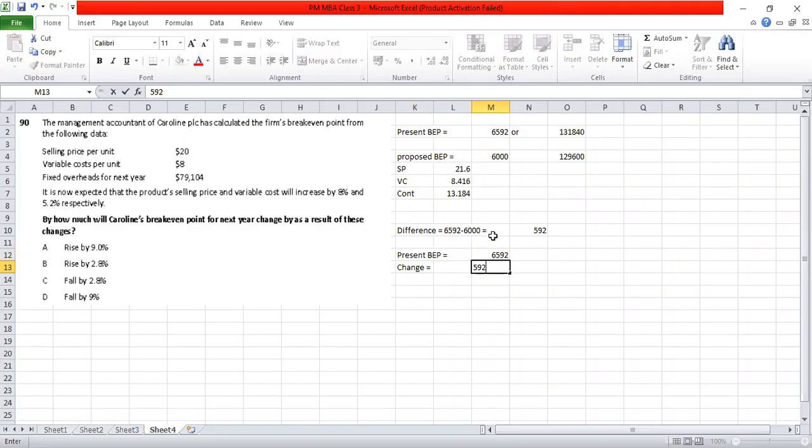If we indicate the present level as 100%, this is what percentage? The same logic of cross multiplication: 592 into 100% divided by 6,592. So this is 9%. Fall by 9% because it is reducing. Yes, ma'am.